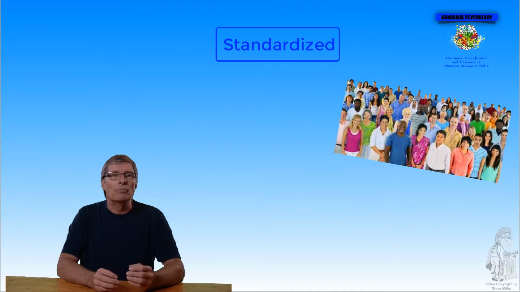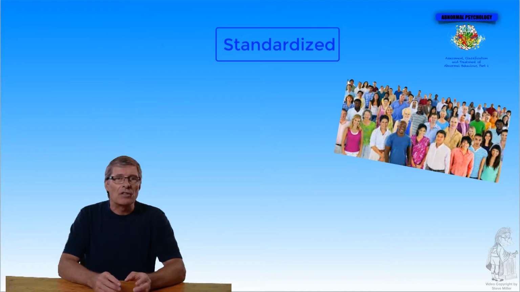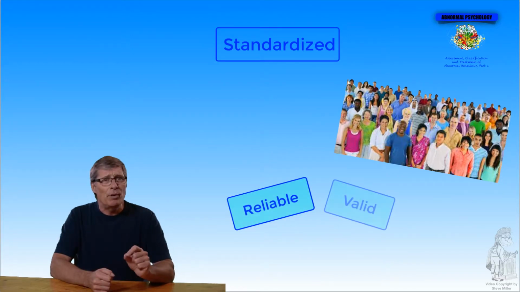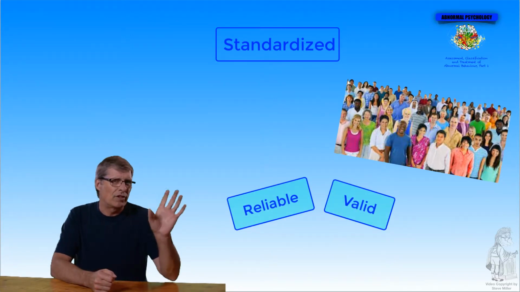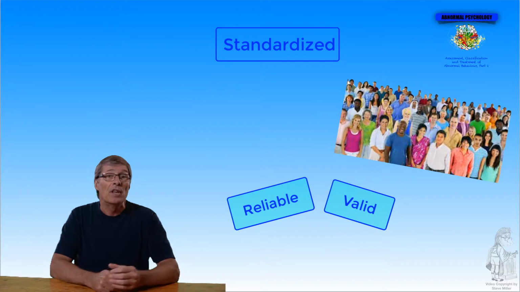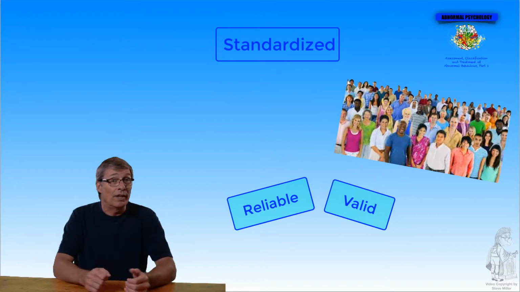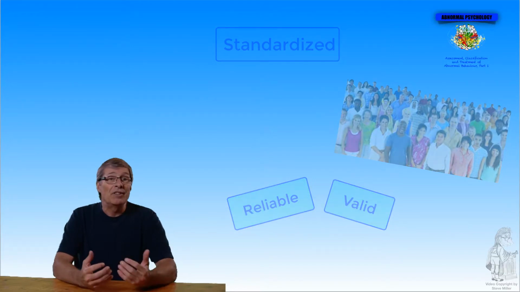Psychological tests also measure relatively stable traits of intelligence and personality, and must be reliable and valid. And I'll revisit those terms a little bit later. These tests can then provide some insight into what is normal and abnormal. Now, intelligence tests help clarify issues of abnormal behavior.